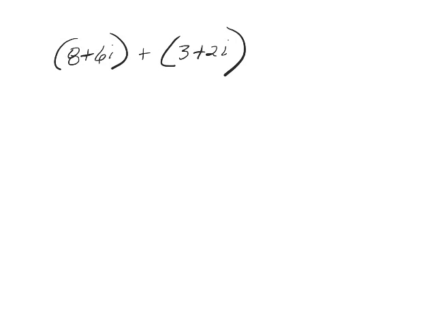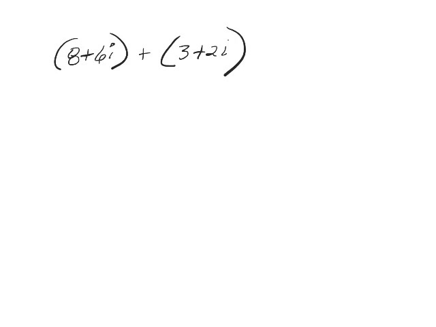Alright, so let's keep chugging along here. Bottom of page 195 gives you addition and subtraction, where they have things like 8 plus 6i, and then they're adding 3 plus 2i. Nothing really weird about this.